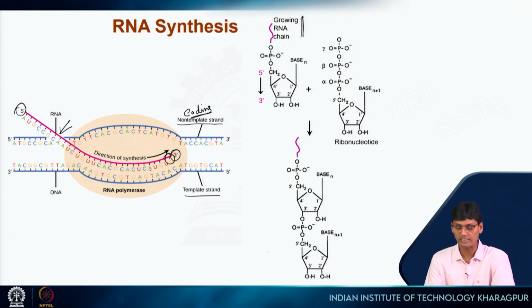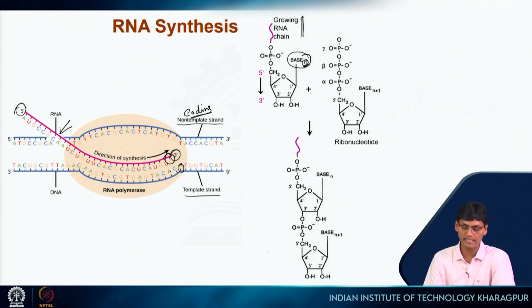As you can see here, in the growing chain, if I say the total number of nucleotides present is n. Now, in the next step, we have a residue, a nucleotide, in the template strand.